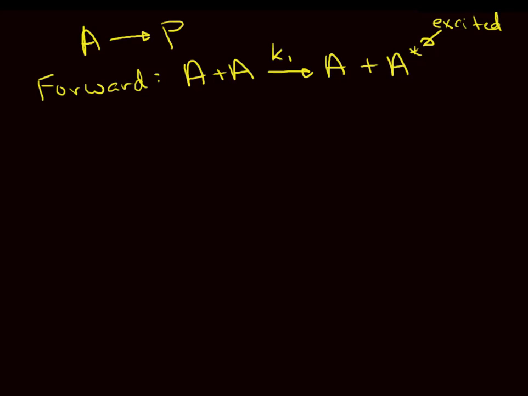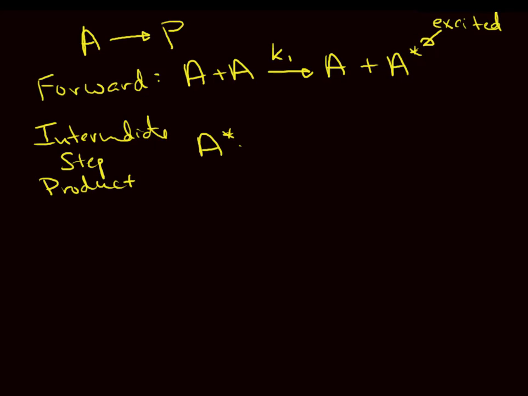We also have our intermediate step for product formation, which includes our excited state complex yielding our products described by K sub 2. And then we also have our reverse reaction, which is the de-excitation reaction.